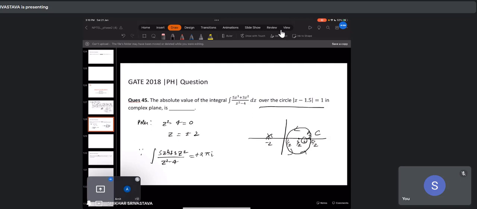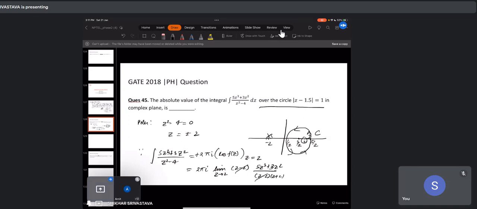So we'll have plus 2 pi i times the sum of residues at the poles which lie within this closed curve. There is only one pole which lies within this contour C, which is at z equal to 2. So your integral will be nothing but 2 pi i times, and as we know from the last class, how to calculate the residue for a simple pole: (z minus 2) times f(z), which is (z cube plus 3z square) over (z minus 2)(z plus 2).